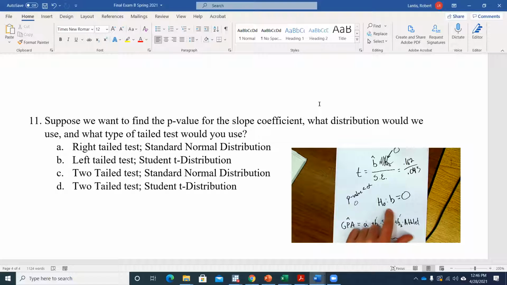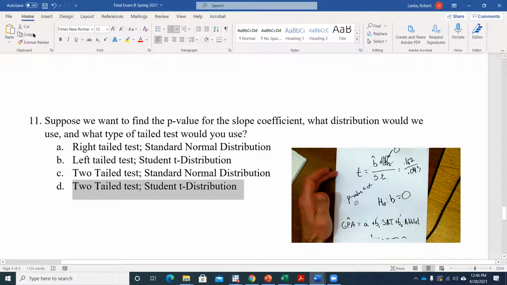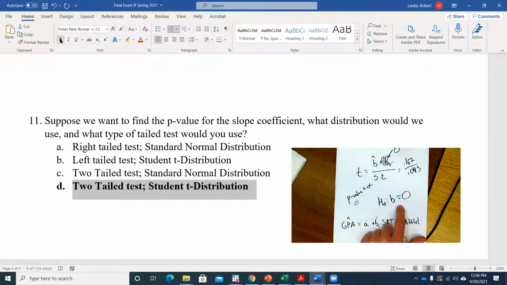And this is always our null hypothesis, so it should always be a two-tailed test from a student t-distribution, assuming the value is equal to 0, at least for what we're doing in this class. You can do right and left-tailed tests, but they're not the most useful or common that we would ever want to do, okay?